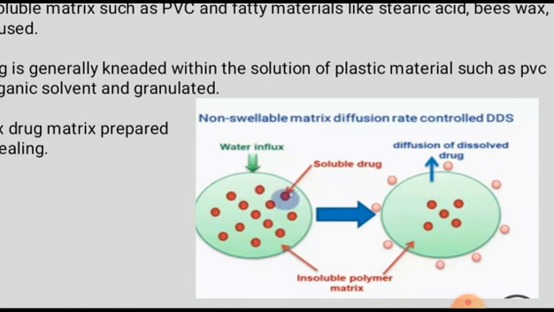The only difference is that in a swellable matrix we use a hydrophilic polymer, which swells when it comes into contact with water, so the pore size increases. But in a non-swellable matrix, we use an insoluble, very porous polymeric membrane. It will not swell and it is not a hydrophilic polymer, so due to the high pore size only diffusion will occur. So that is the difference.